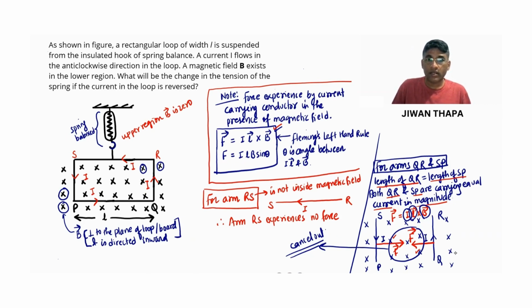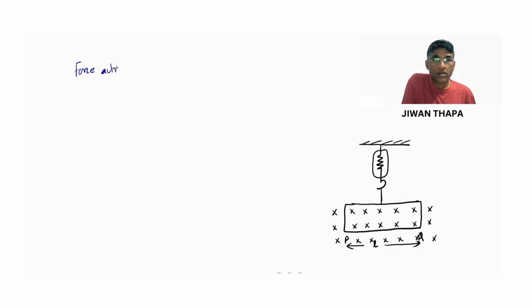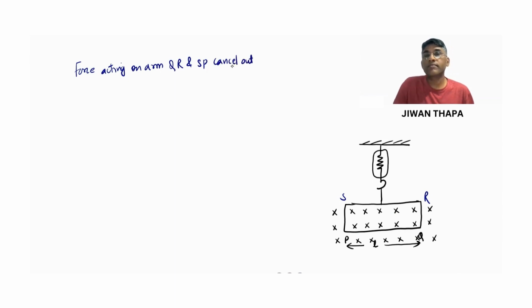Okay. Force acting on arm QR and SP cancel out. Okay.